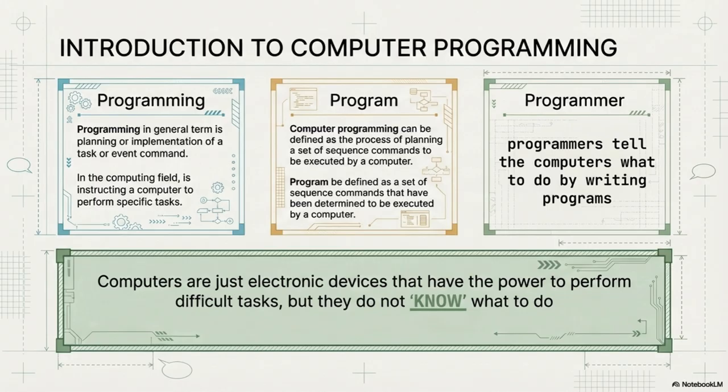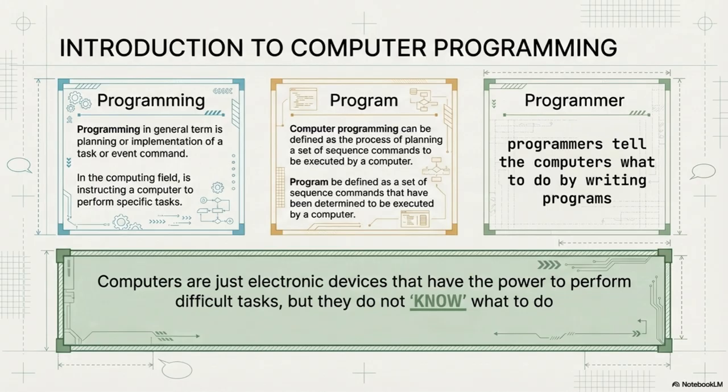This brings us to two key terms that you will see frequently, which are computer programming and the program. So what is computer programming? It's the process of planning a set of sequence commands to be executed by a computer.